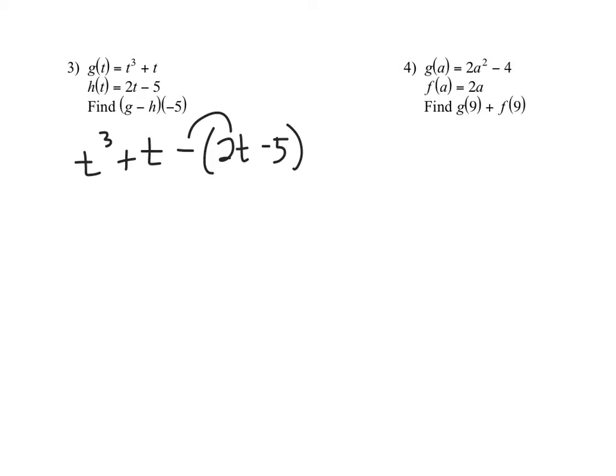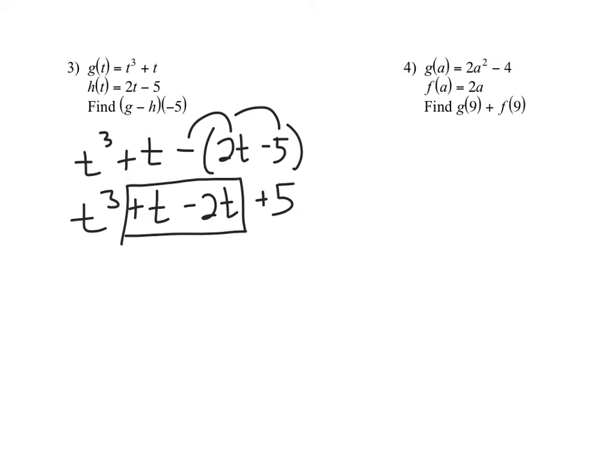Distribute the negative because it's subtraction. So this is t cubed plus t minus 2t and plus 5. Combine my like terms. These guys are my only like terms. So t cubed, and then that's minus 1t and plus 5.